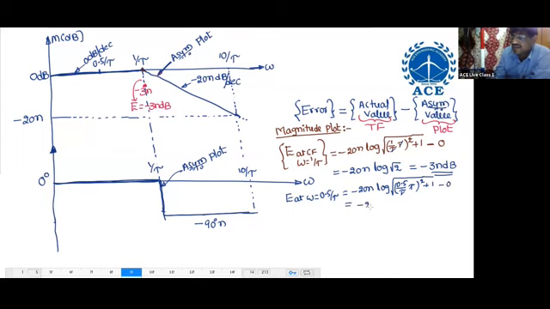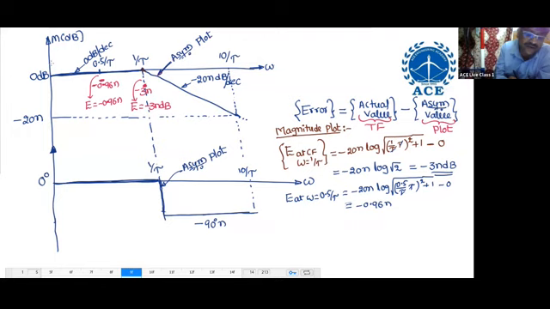Minus 20n log of root 1.25. If you solve it, you'll get minus 0.96 dB. So the error is minus 0.96 dB.